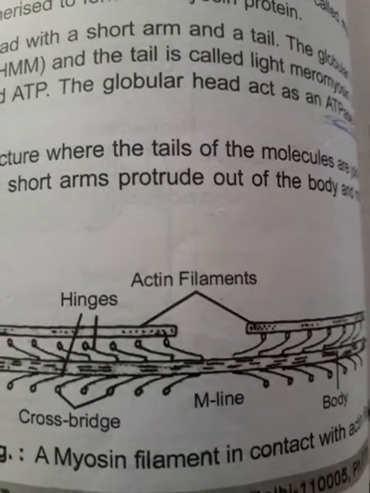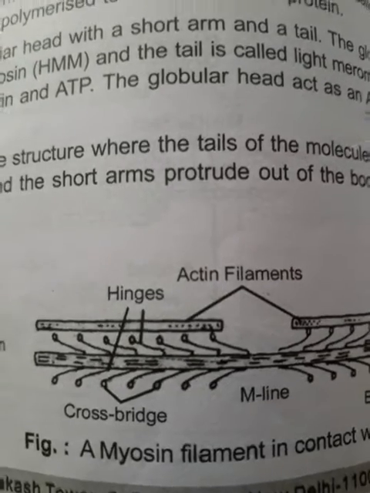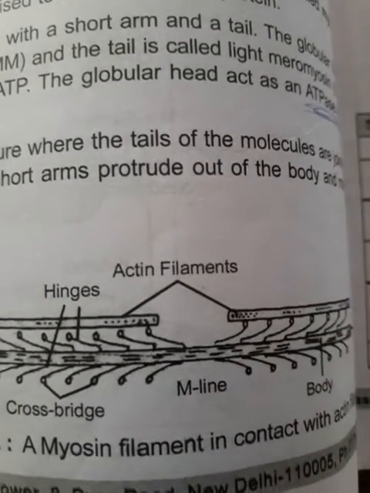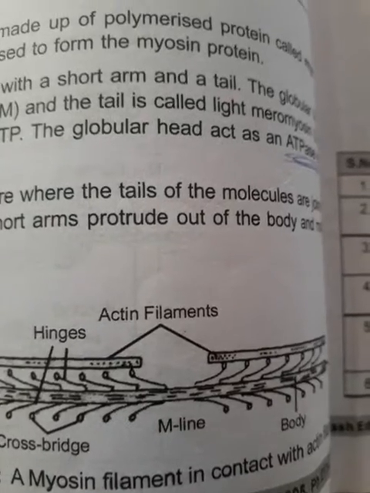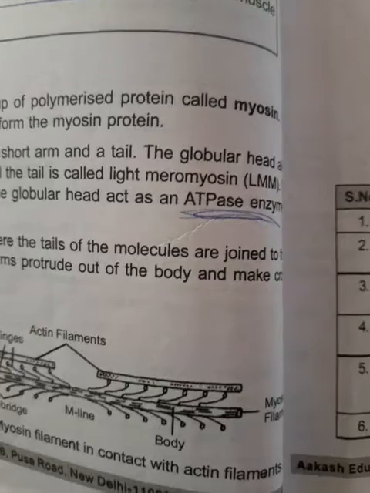You can see the body, the actin filaments, M line, hinges, and the cross bridge.